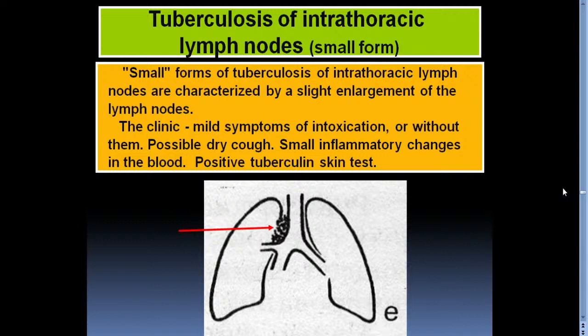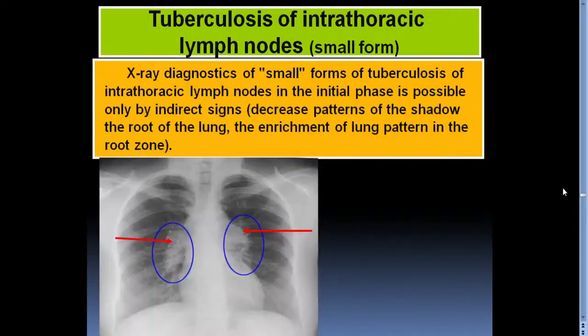Possible dry cough, small inflammatory changes in peripheral blood, and positive tuberculin skin test. Lymph nodes are very, very small in this form.